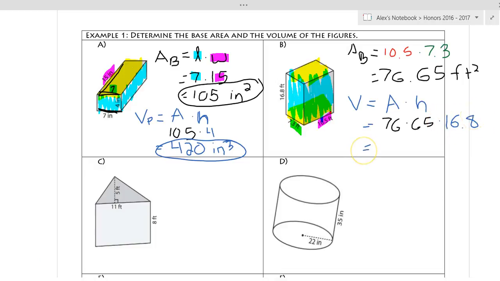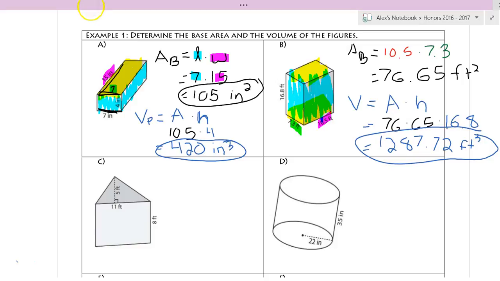When I multiply those together, I get 1287.72. Now this is a three-dimensional object, so it's feet cubed.